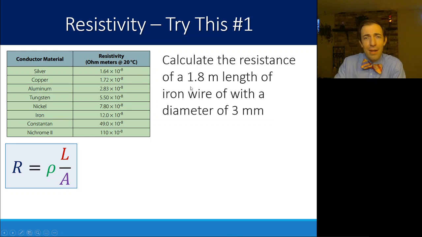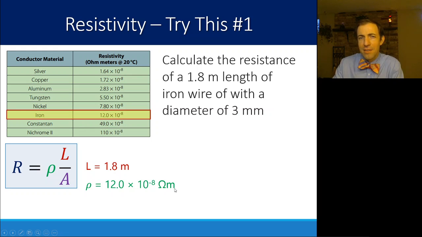In this case, 1.8 meters is the length of the wire, that's L. The iron conductor is providing a resistivity of 12.0 times 10 to the minus 8 ohm meters. And then the last piece is we need to calculate the area because we now know L and we know rho, but we don't know A.